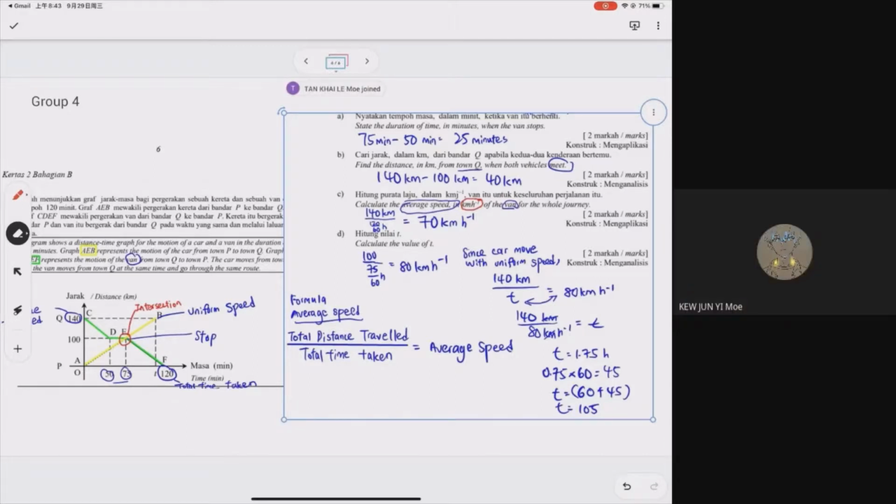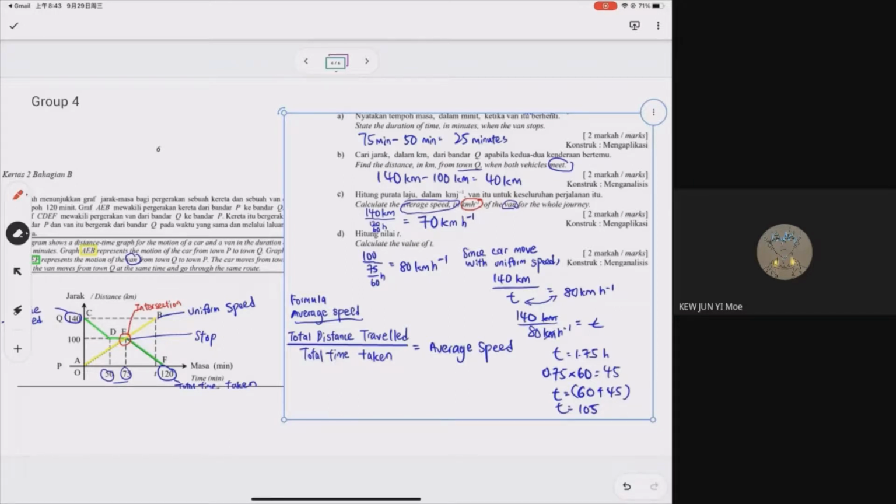So for C, the question asks us to calculate the average speed in km per hour of the van for the whole journey. From the graph, we already know that the green line, CDEF, represents the motion of the van. We use the formula total distance traveled over total time taken to find the average speed.